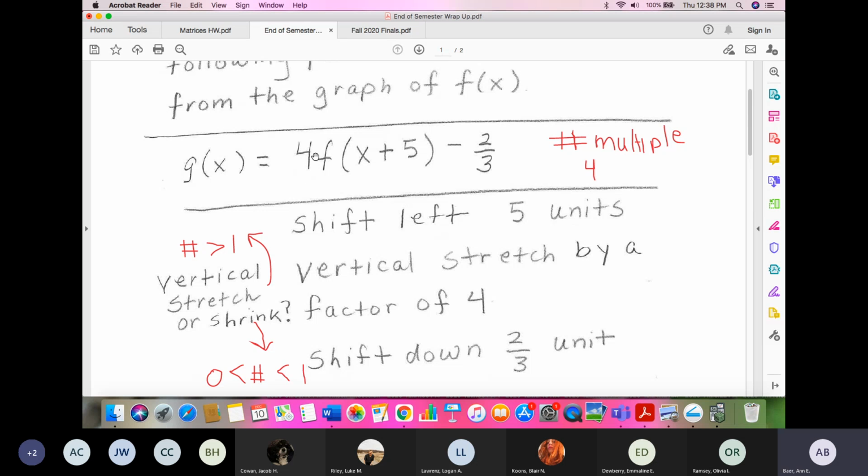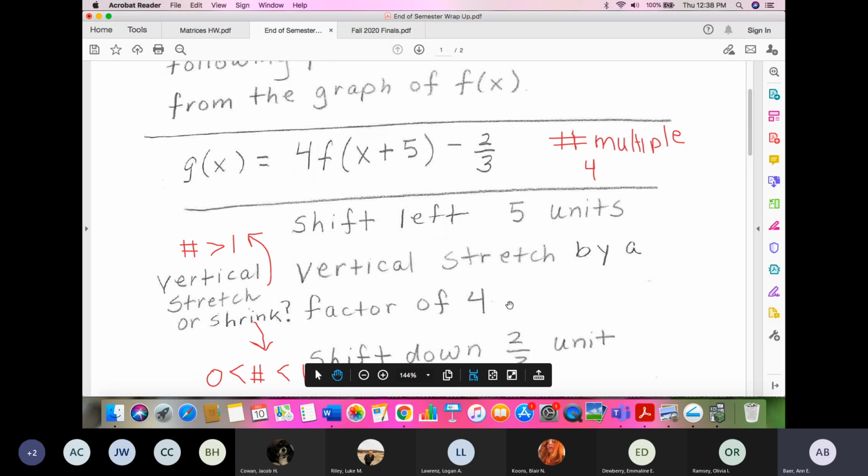Our multiplier in front is 4, so we ask ourselves, is that number bigger than 1, or is it between 0 and 1? The answer is it's bigger than 1. It fulfills this inequality here, and that means we have a vertical stretch by a factor of 4.